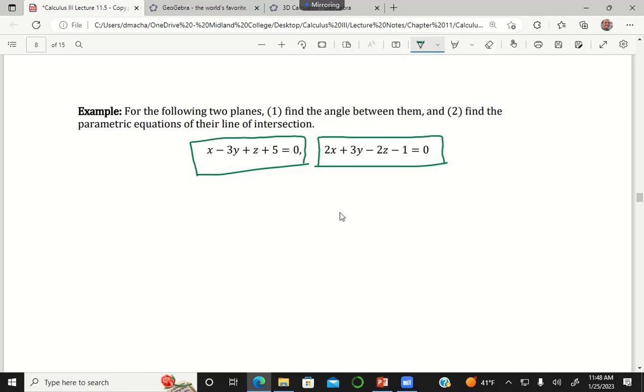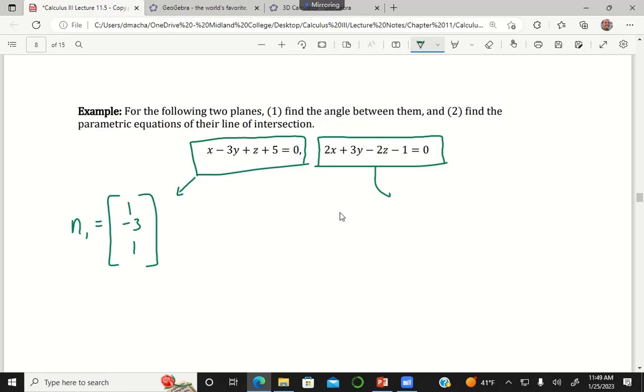For this plane over here, if I want to find the normal vector, what is a normal vector? 1, -3, 1. Perfect. So 1, -3, 1 is a normal vector just because those are the coefficients on my variables x, y, and z in the equation for the plane.